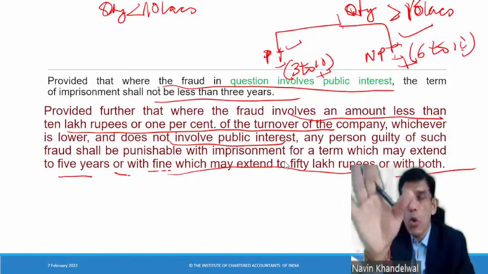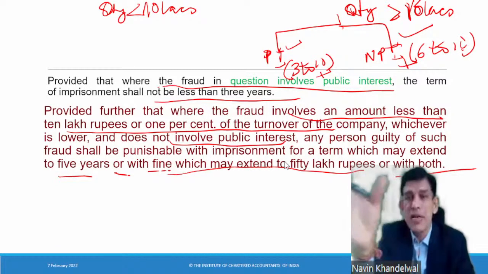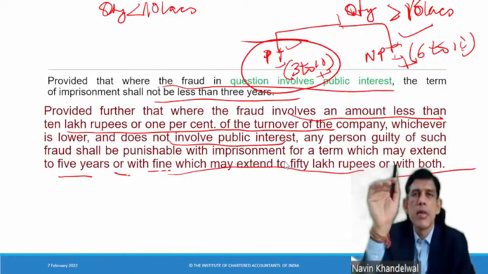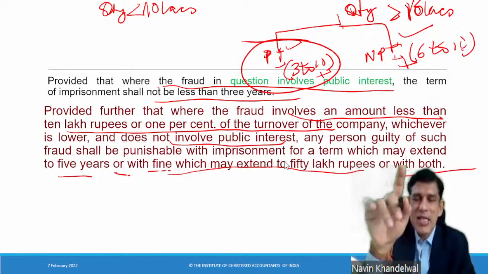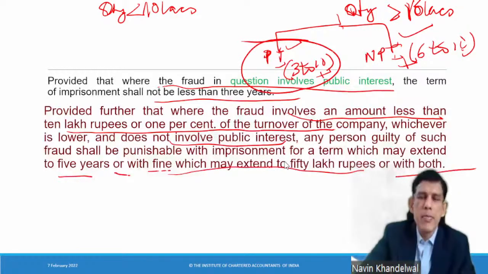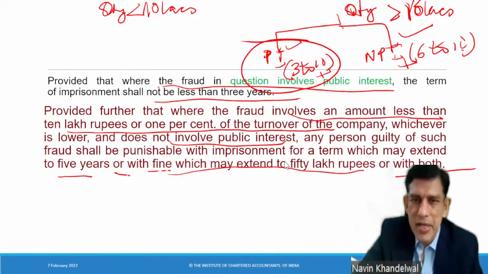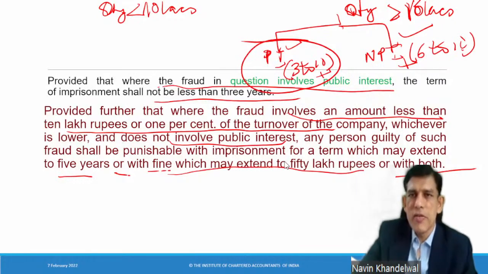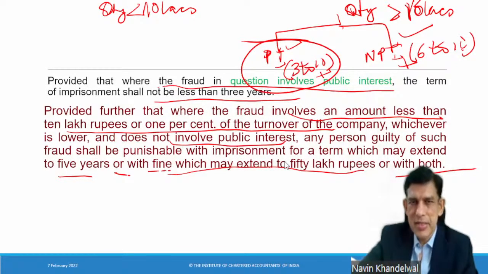So your question would be, sir, what if it is less than 10 lakhs and public interest? Remember, this is the criteria. Less than 10 lakhs and public interest, so imprisonment may be minimum 3 years and maximum 10 years. Because it is involving public interest, imprisonment may be minimum 3 years and maximum 10 years.